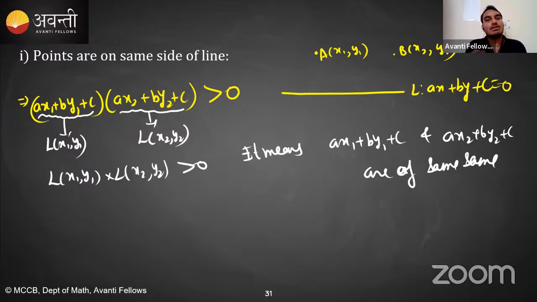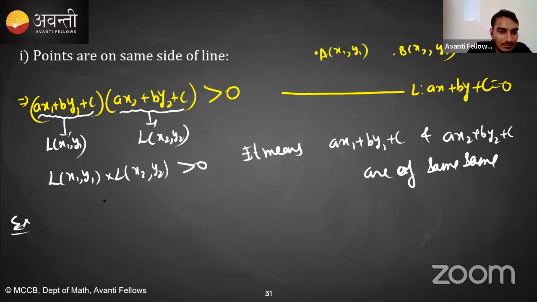Definitely not 0, because the point is not on the line. So there will be some number, let's say 2, which is a positive quantity. After putting point B in the line, you will get some positive number only, let's say 10, 9, 8.